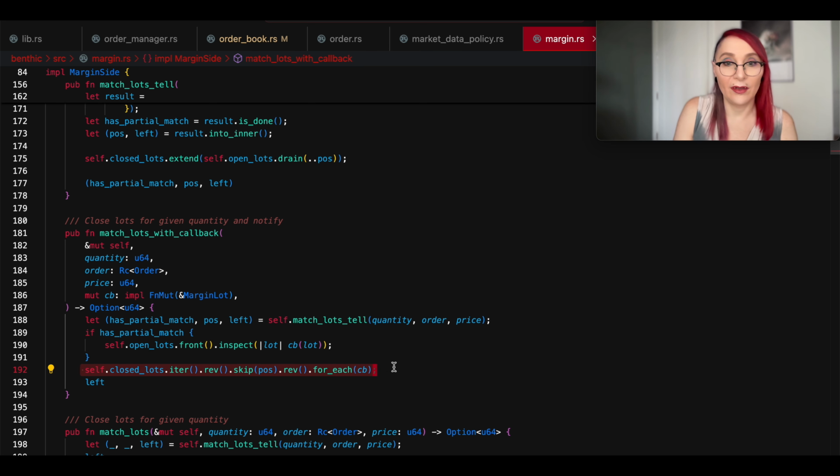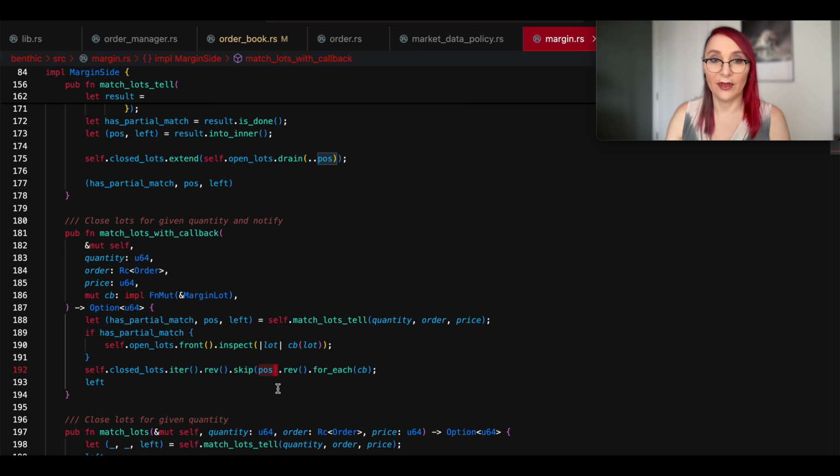And then we call the callback for all the closed lots. Because we know how many lots were closed, we can go to the back of our closed lots queue and take this number of lots from the back and call the callback on those lots.